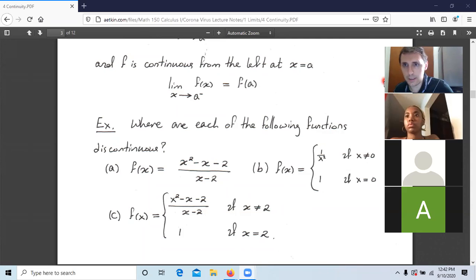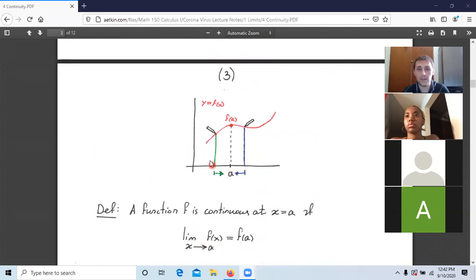Before you answer this question, guys, one thing I always worry about: do you see intuitively why limit as x goes to a of f of x equals f of a means that the function is continuous at that point? What are you trying to capture? Again, it's this idea: if you move x to a, you're tracing the marker from either left or right towards a.